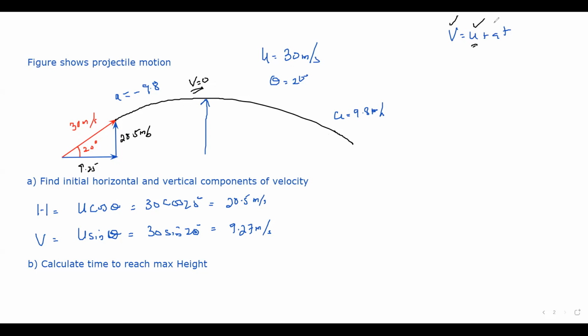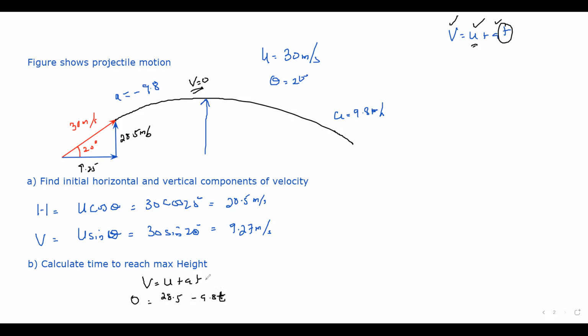We have a, which is minus 9.8, and we need time. So we can use this formula, v is equal to u plus at. V is the final velocity, u is the initial velocity, and the time is t.